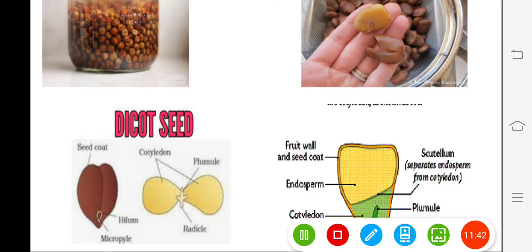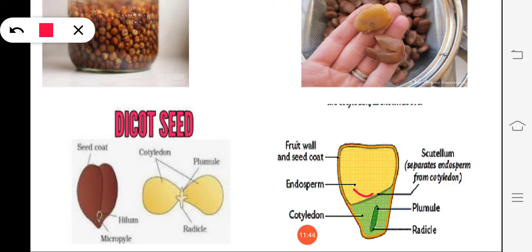I will show you. Here, the food stored in monocot seed. This is the place the embryo is present. So in monocot seed, the embryo is not visible as in dicot seed.